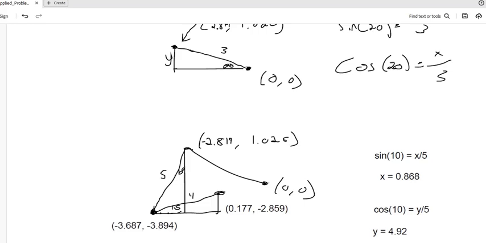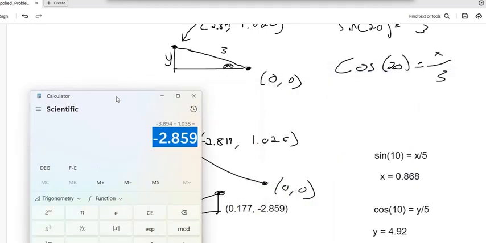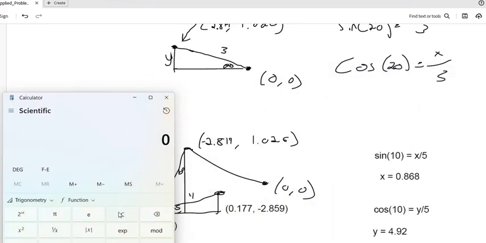This is 0, 0, and then we're at 0.177, negative 2.859. Okay, so we need to know two things. We need to know this angle of how to get back home. We need to know this distance. So the distance is nice and quick because since this is the origin, this distance on the triangle is 2.859, and this distance is 0.177. I'm just rounding to make it a little easier. On the homework, you guys probably know I'm not too concerned about the decimal places.